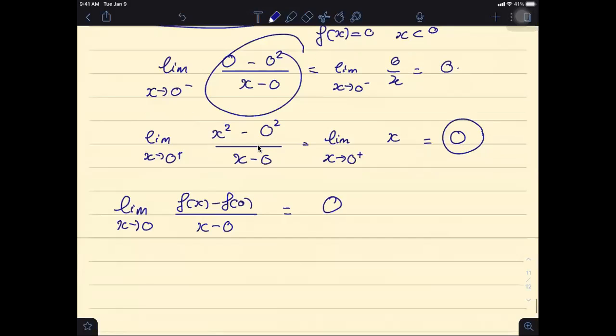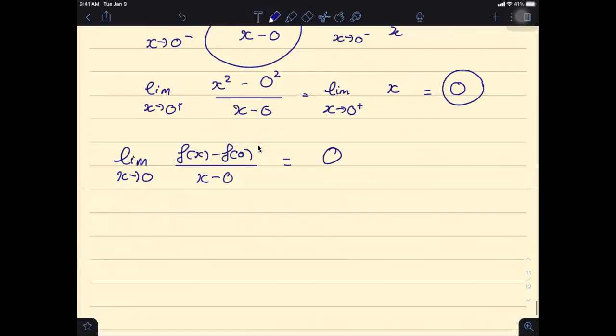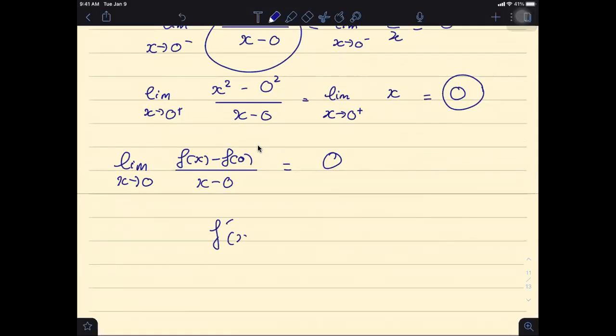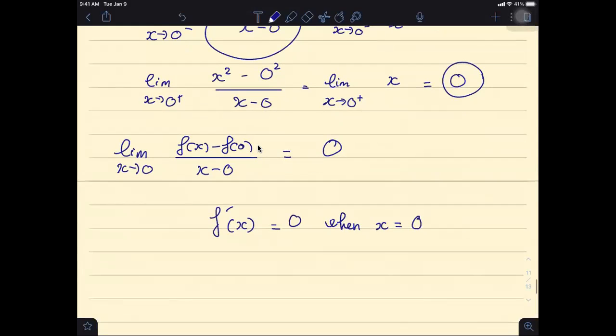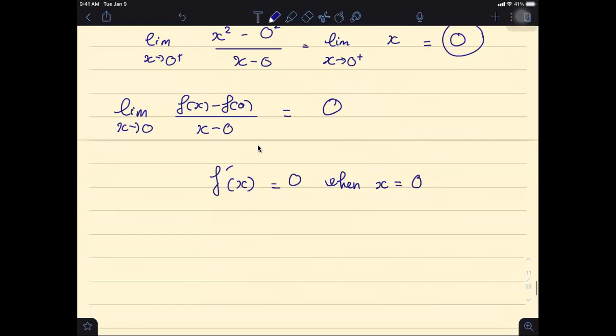Then the limit when x approaches 0 is 0. Then f prime of x is 0 when x equals 0. Yes? You guys get it? Savannah? Mhm. Okay. Yep.